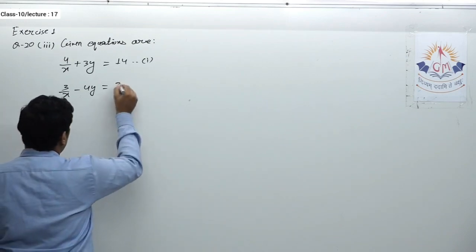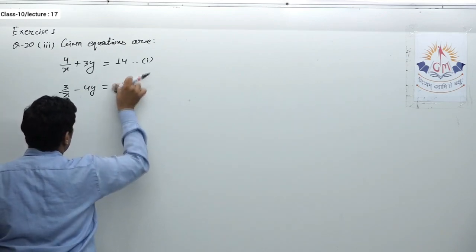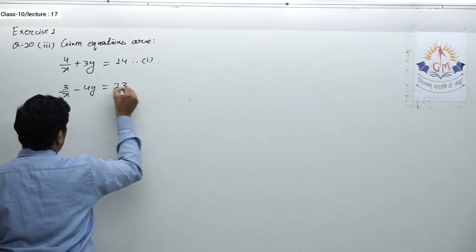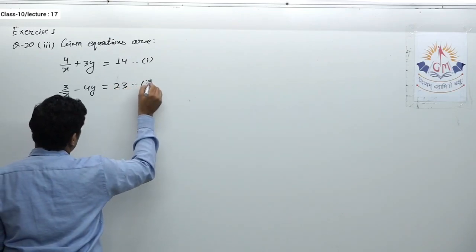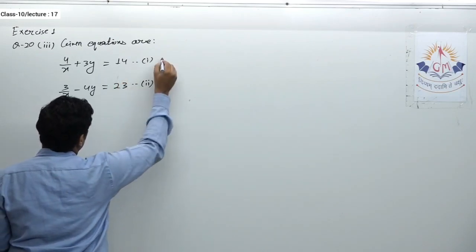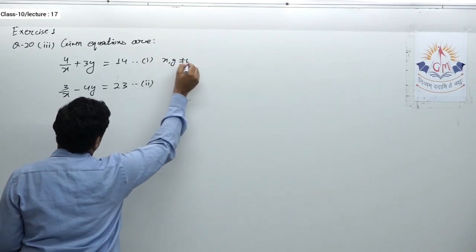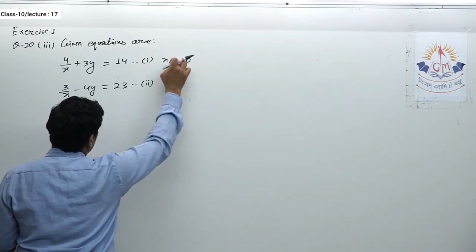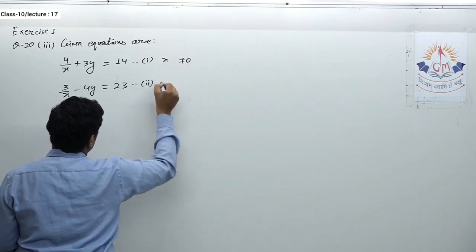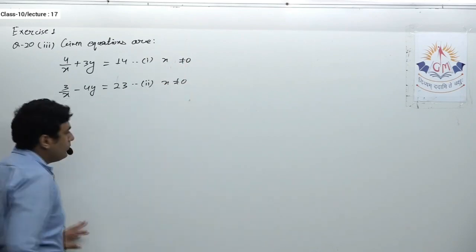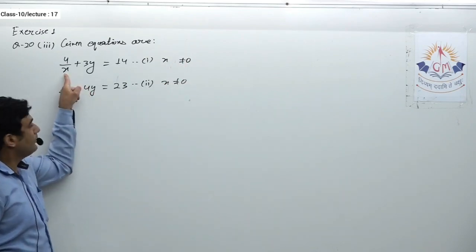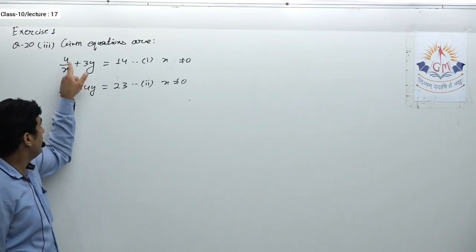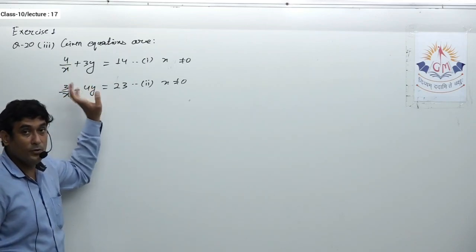Okay, if you see the question in the material, you will find there is one more information. See, in the previous question it was given x comma y is not equal to 0. Okay, over here it is given x is not equal to 0. Okay, why x is not equal to 0? Because if x becomes 0 over here, it will become 4 upon 0, which is not defined.